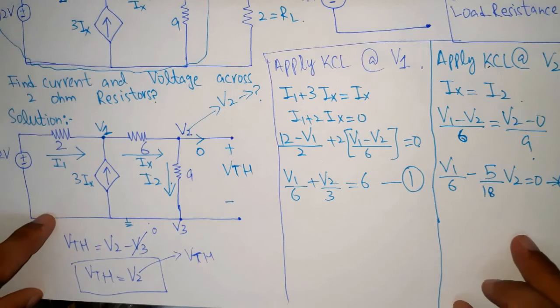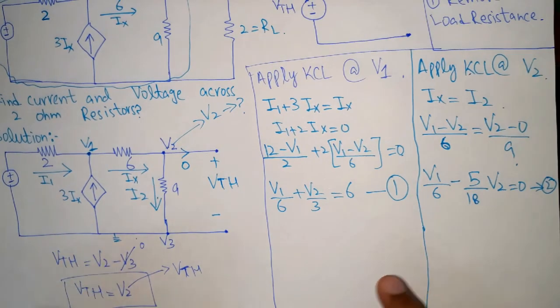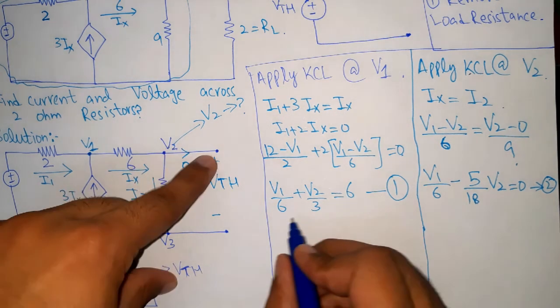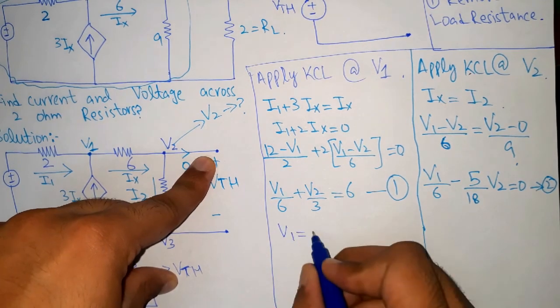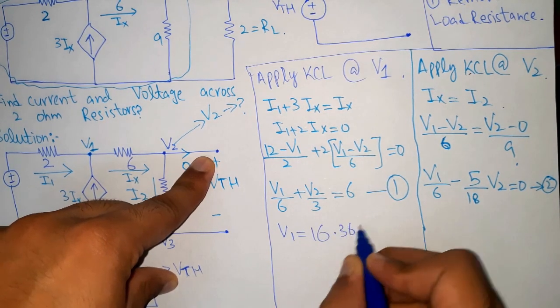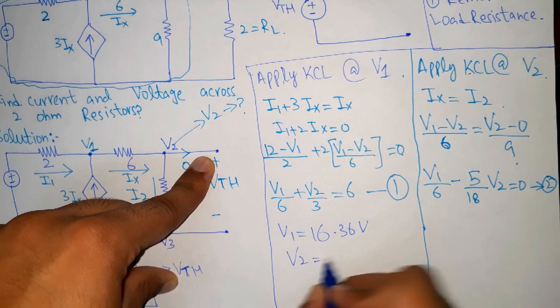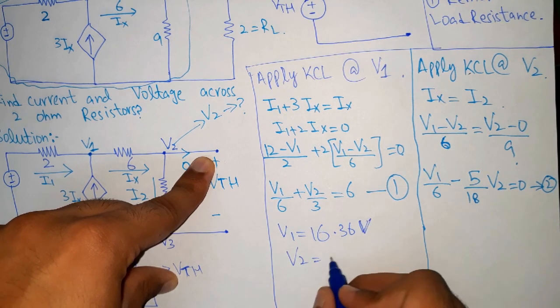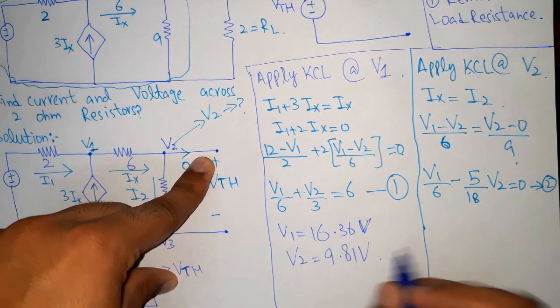So students, here we have two equations and two unknowns, V1 and V2. Put these two equations in a calculator and find the values: V1 will be equal to 16.36 volts and V2 will be equal to 9.81 volts.